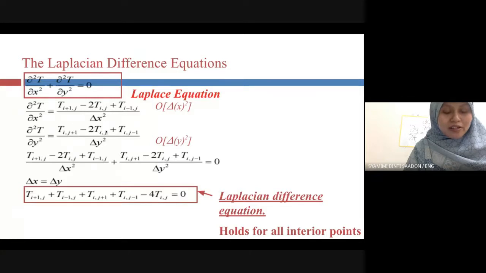This is from Taylor's. So if we rewrite the Laplace equation using this definition, we have this equation. We change the form of the Laplace equation into this equation, the Laplacian difference equation.